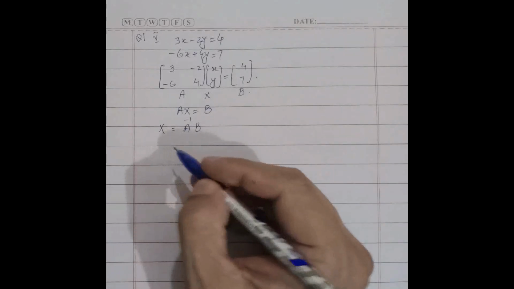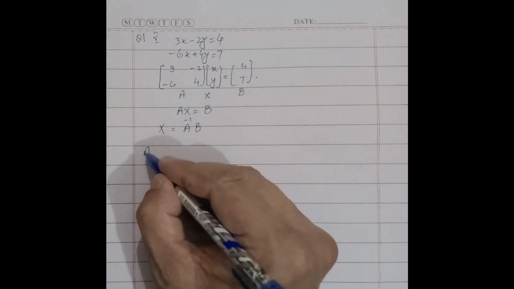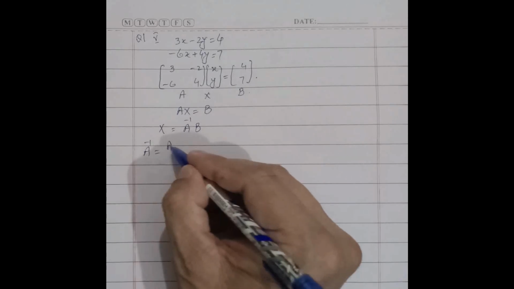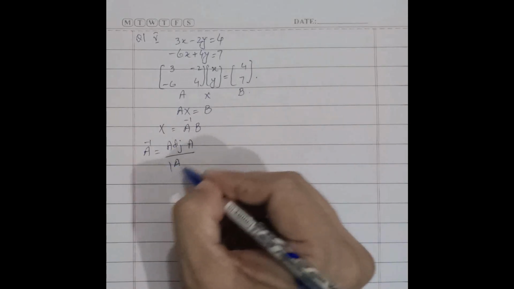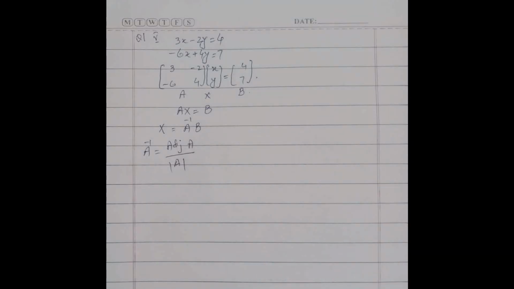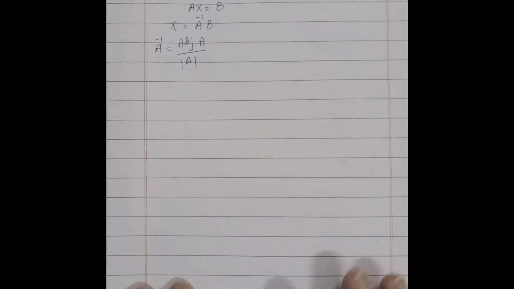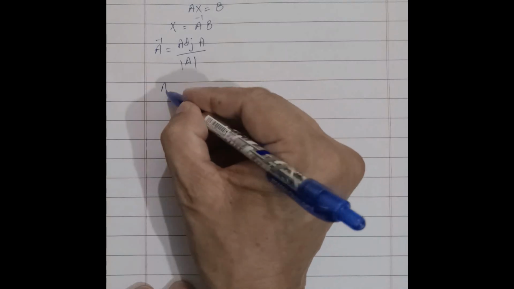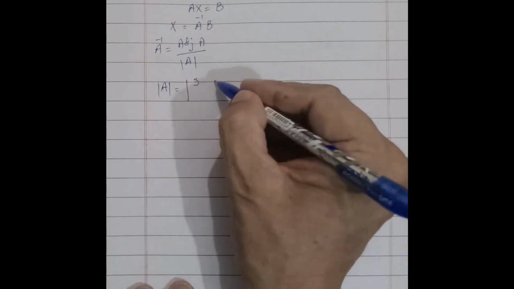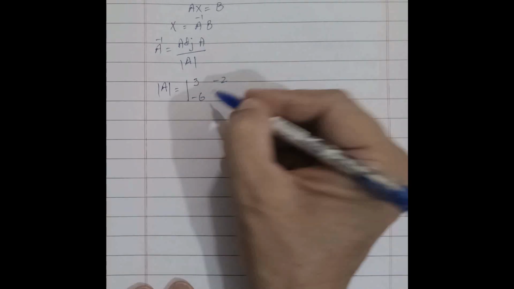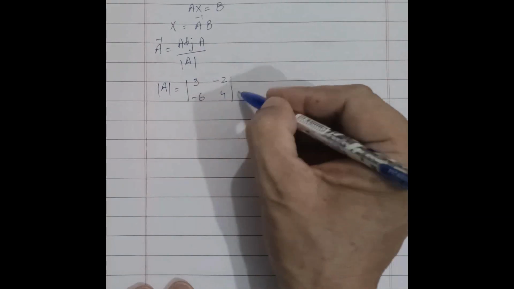A inverse is equal to adjoint A over determinant of A, and we know that when we find the A inverse, we first find the value of the determinant of A. So we find the determinant of A, which is 3, -2, -6, 4.